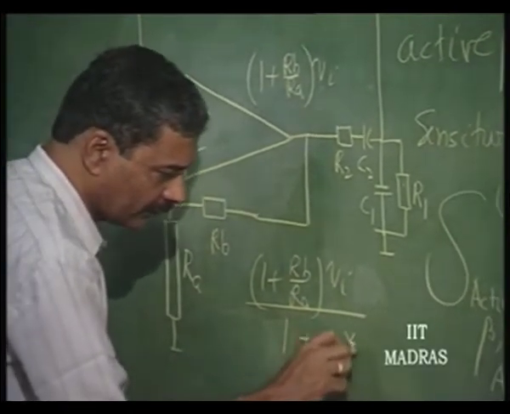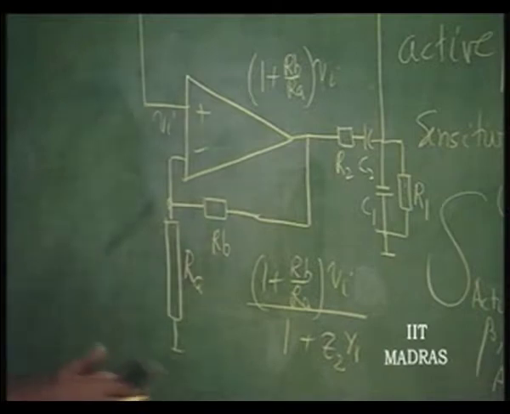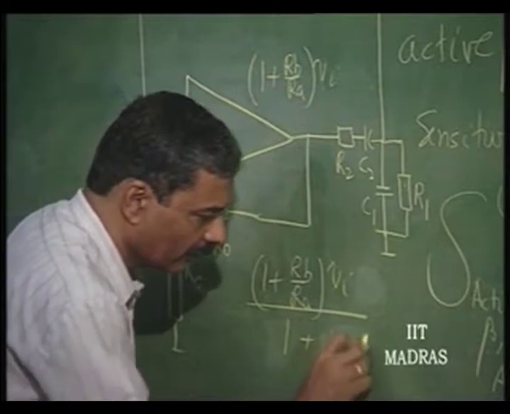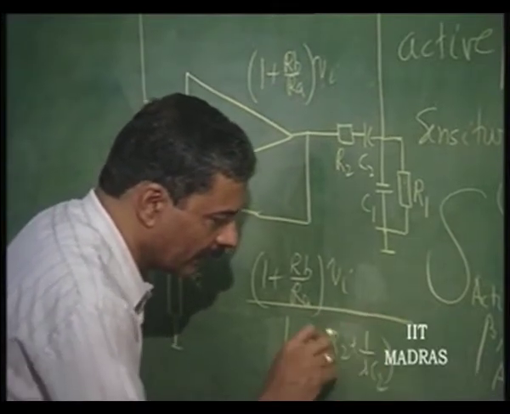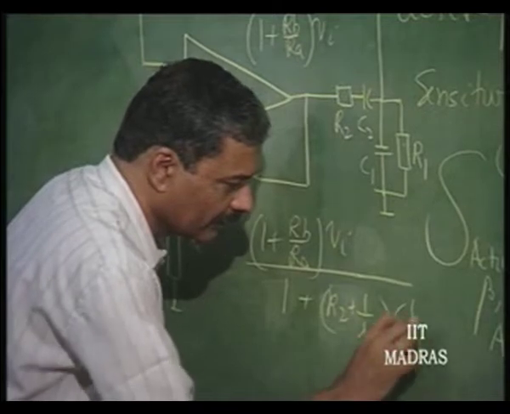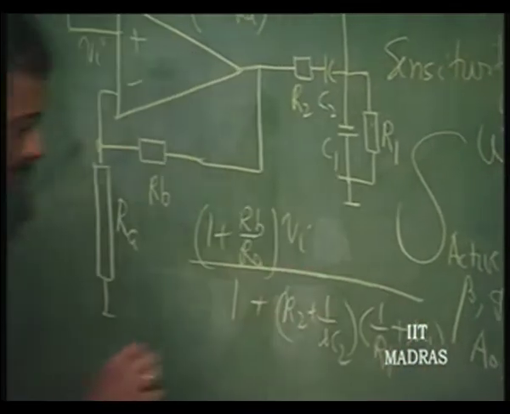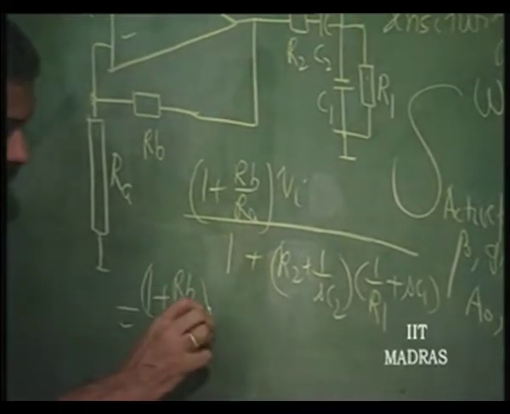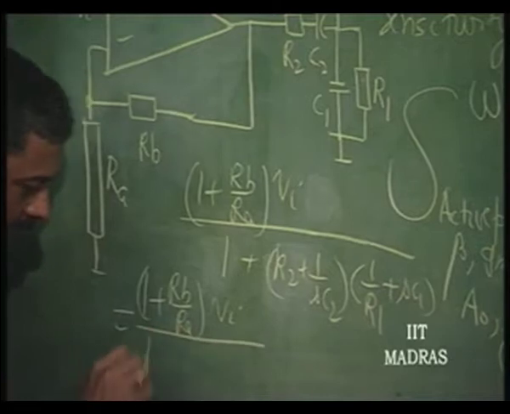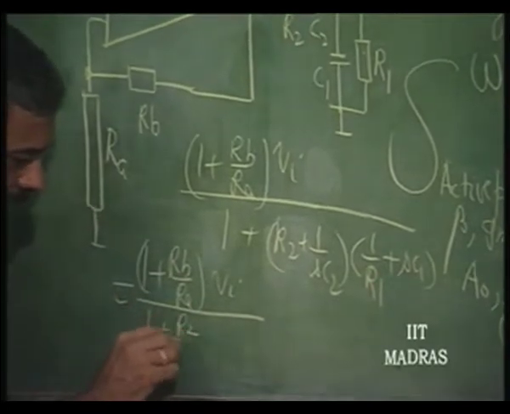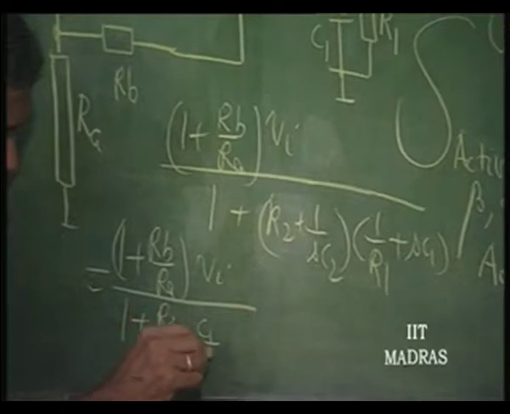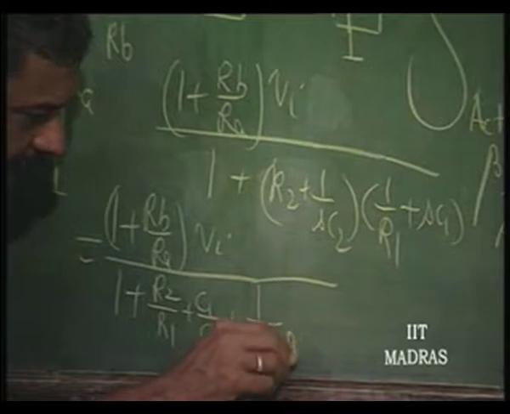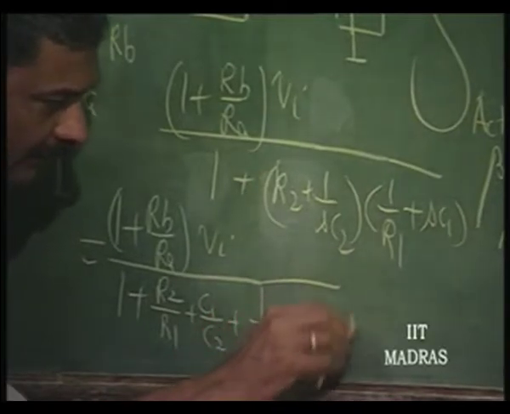1 plus Z 2, and then we consider Z 2 as R 2 plus 1 by S C 2, and Z 1 as 1 over R 1 plus S C 1, and we just wrote this as 1 plus R B by R A, V I by 1 plus R 2 by R 1 plus C 1 by C 2 plus 1 over S C 2 R 1 plus S C 1 R 2.